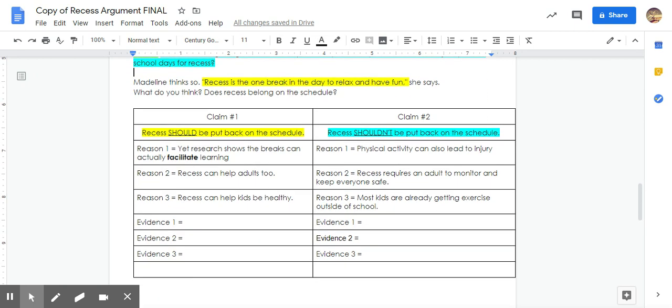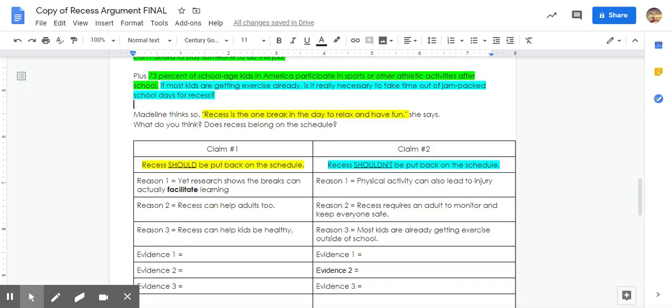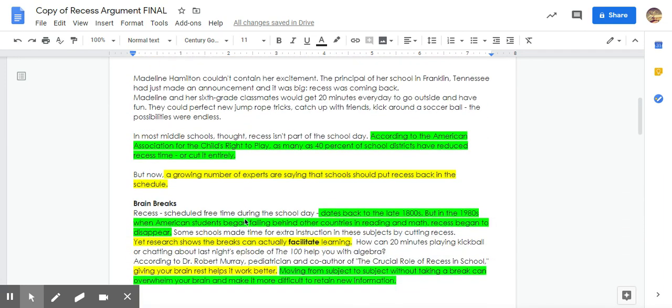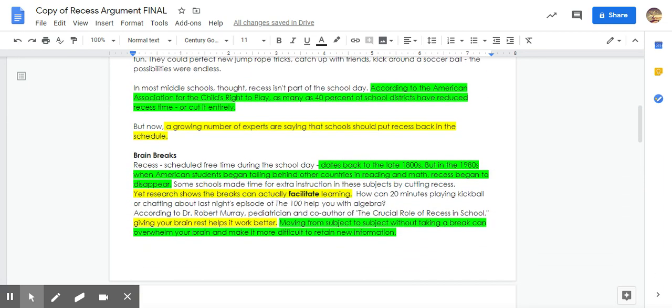Okay, so if we scroll down to the second part of our little chart here, yesterday we filled out the 3 reasons for claim 1, and then we filled out 3 reasons for claim 2. Now we need to go back and find evidence that matches up. So our first reason was research shows that breaks can actually facilitate learning. So I'm going to go back up to where I highlighted that, and that's right here. And I need to find some evidence.